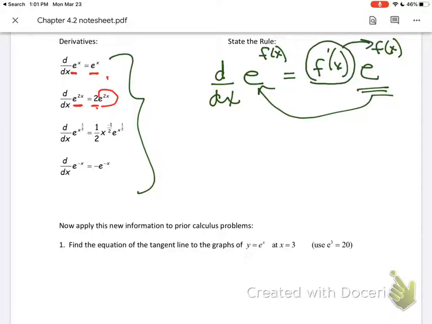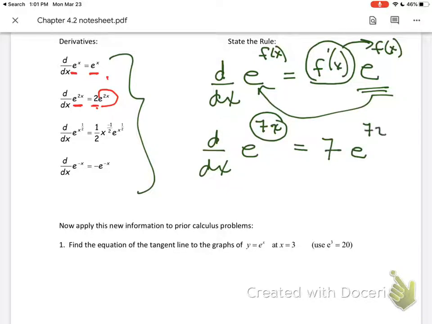Of the exponent. So let's try one. What if I say take the derivative with respect to x of e^(7x)? Wouldn't you say the derivative of the exponent is just 7 times exactly what I see? That would be your answer.